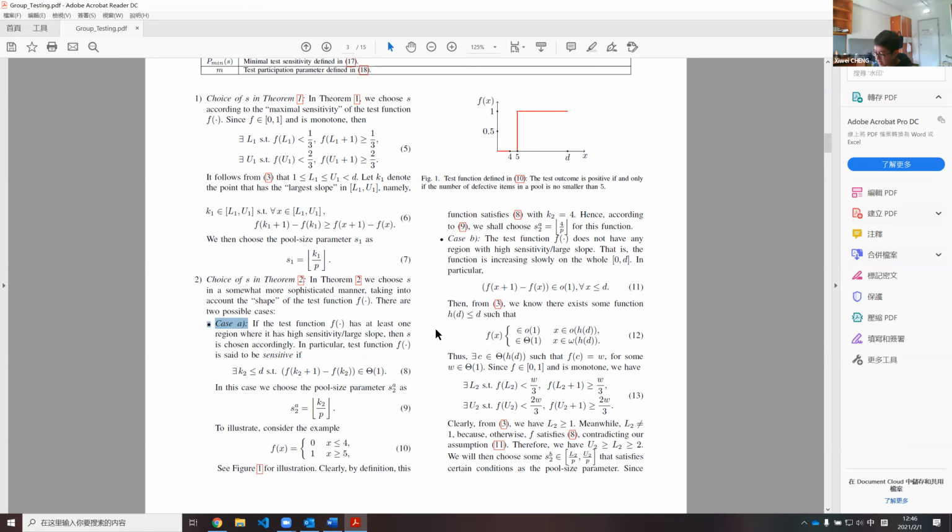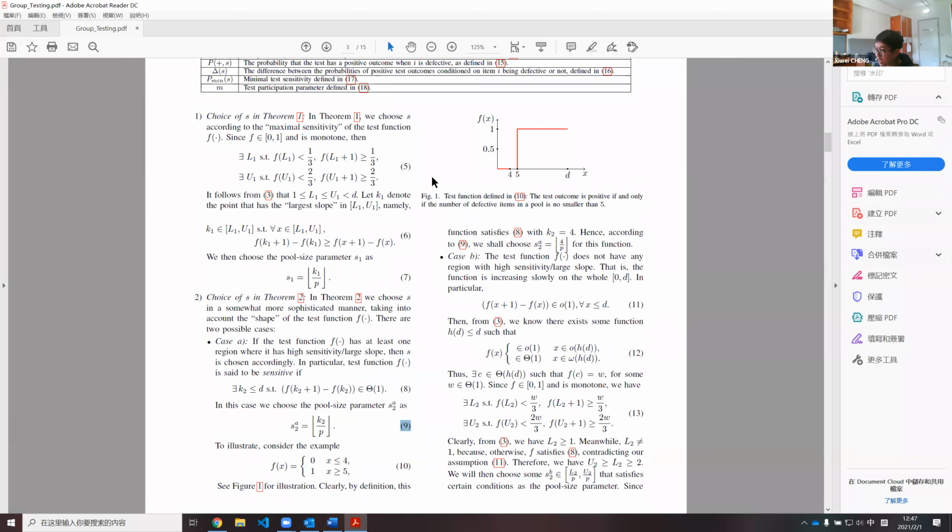The first case says that there exists some region with sufficiently large increment, which means fk2 plus 1 minus fk2 is order 1. Then we can directly choose S2A to be K2 over P. This case matches theorem 1. For example, in figure 1, we also choose S2 to be 4 over P.